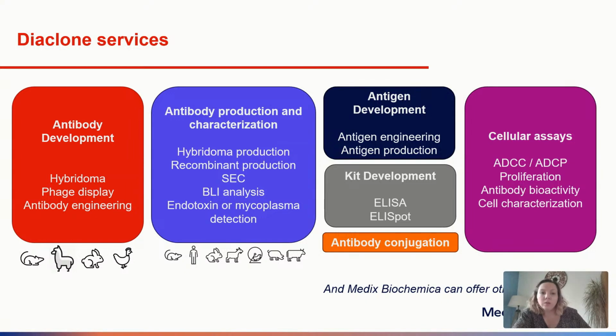We can demonstrate potential therapeutic use via in vitro tests, and develop ADCC or ADCP tests. And of course, we sometimes need to conjugate antibodies to biotin or other fluorochromes or enzymes for our tests. So it's a service we can provide for our customers.